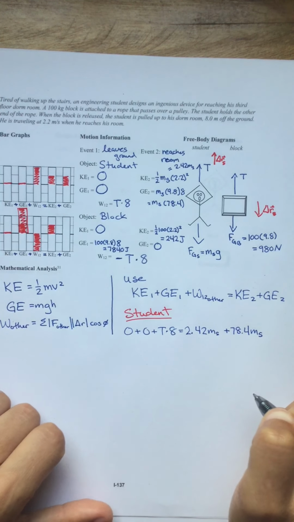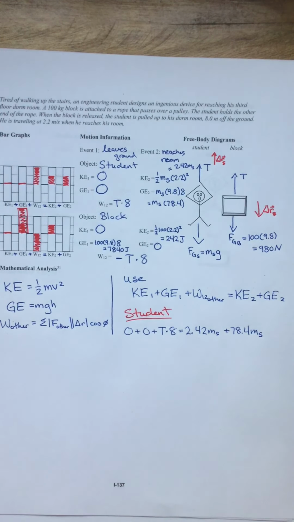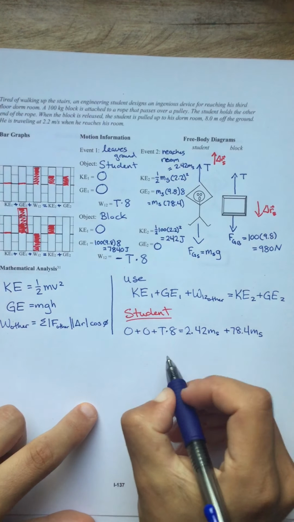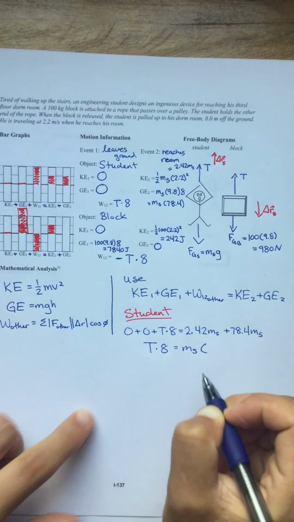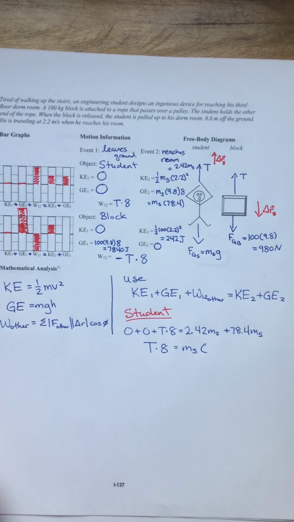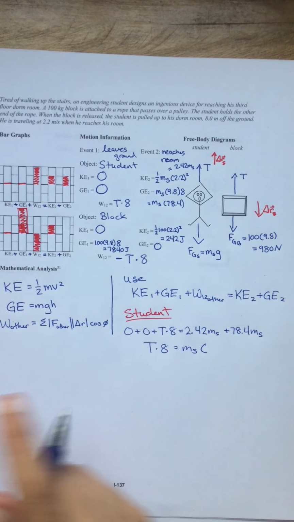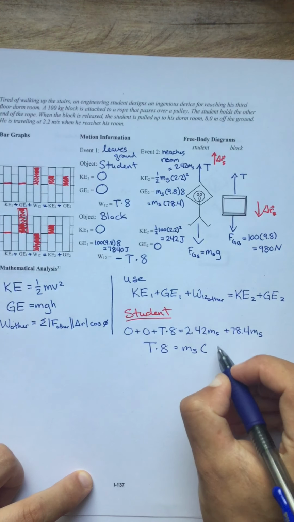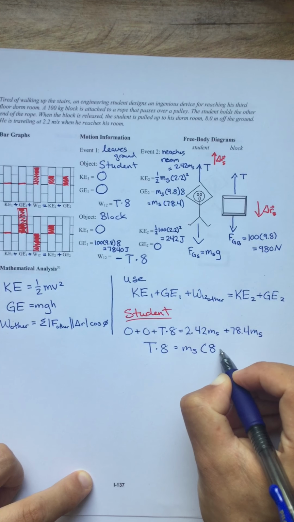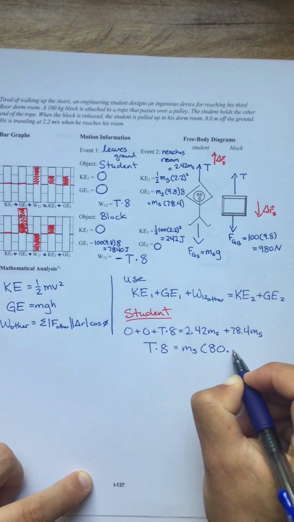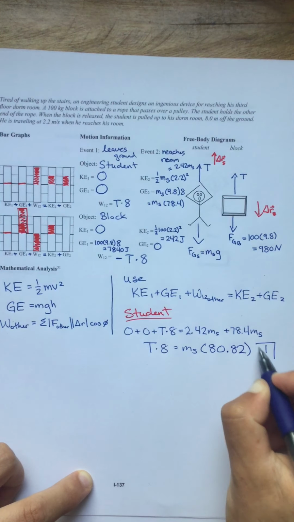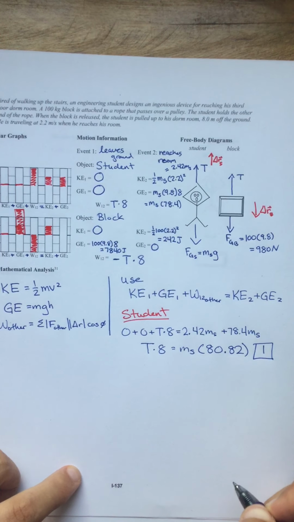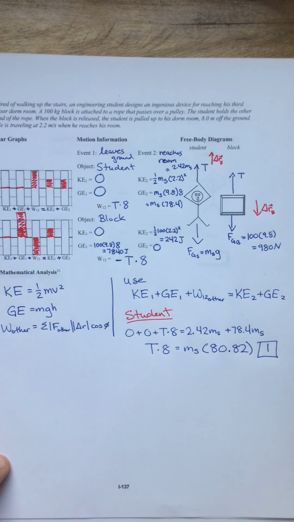I have two unknowns in this equation, so the only thing I can do to simplify this is pull out the mass of the student. So 2.42 plus 78.4 gives me 80.82, so it's the mass of the student times 80.82. Let's call this equation 1.